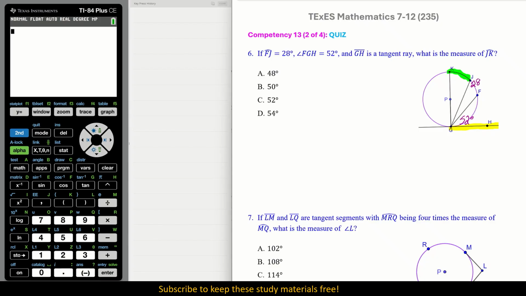What we need to do here is realize a couple of facts. If we look at the entire image, one thing that is different from the prior questions is that we were comparing a central angle to the entire circle. That's not the case here.